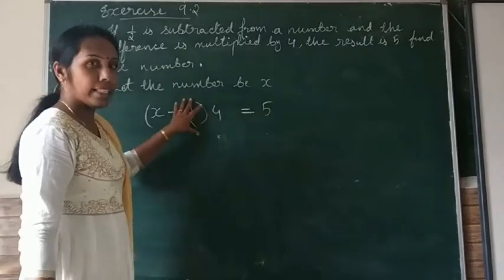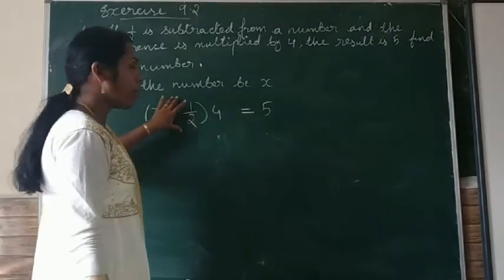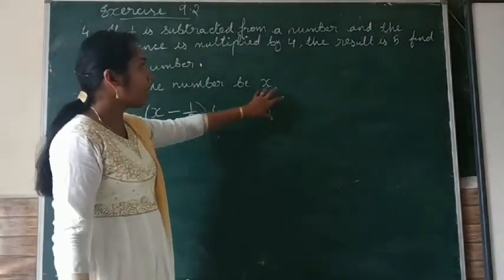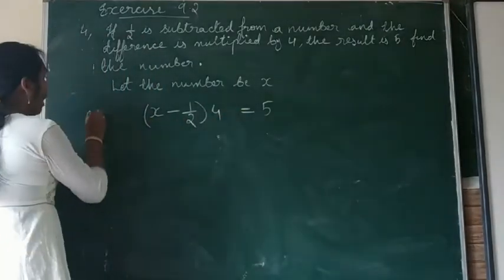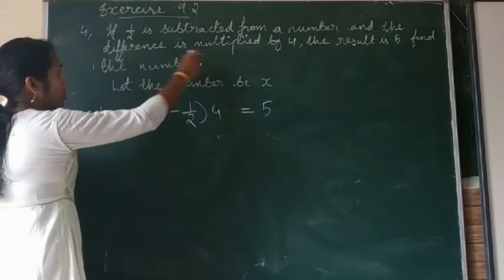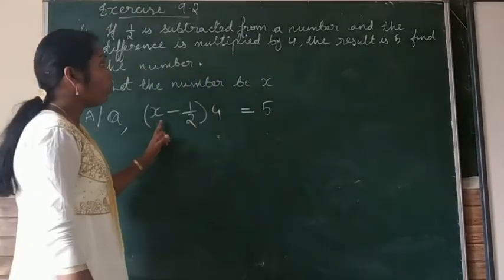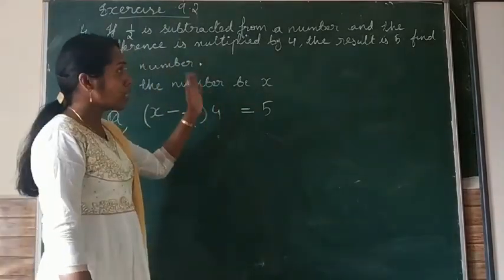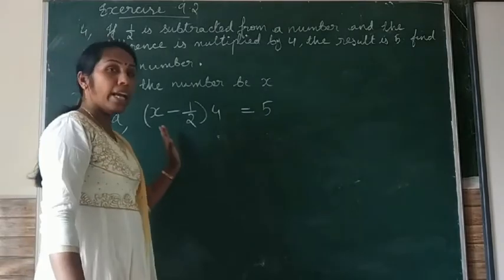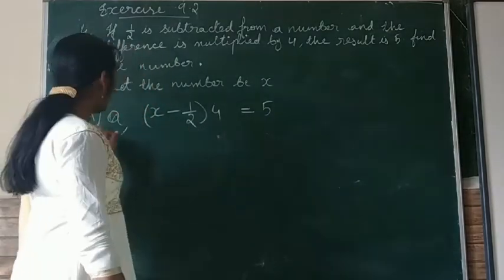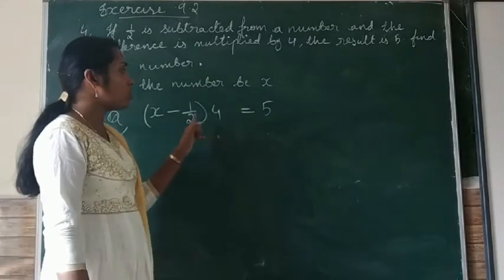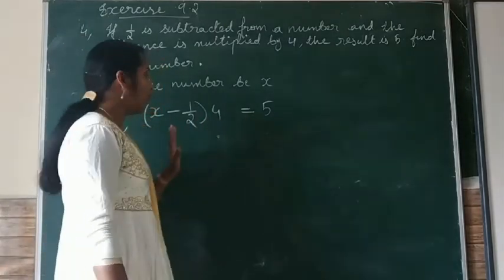So this is the LHS of the equation, x minus 1 by 2 into 4, and the RHS is 5. If you understand the question, we need to write the equation directly. According to the question, x minus 1 by 2 into 4 is equal to 5.